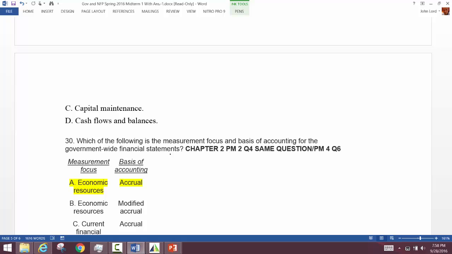Now, a couple things that you didn't see that I could see me including on the exam. I didn't ask you anything about the comprehensive annual financial report. It has the introductory section, the financial section, which is basically that GASB 34 reporting model, and the statistical section.